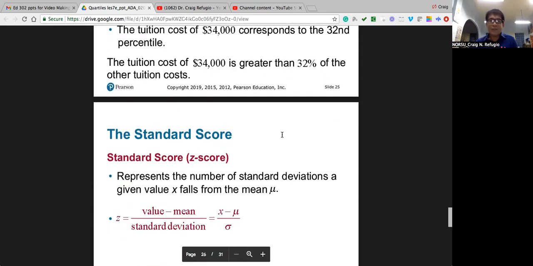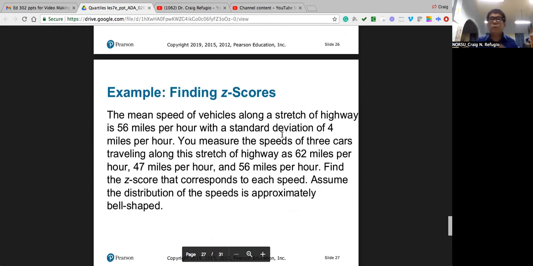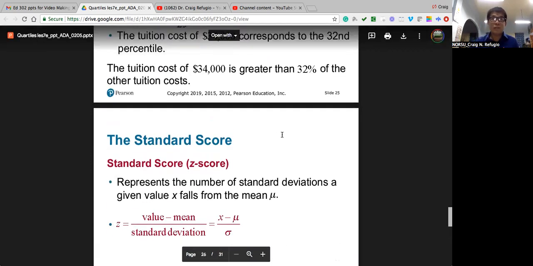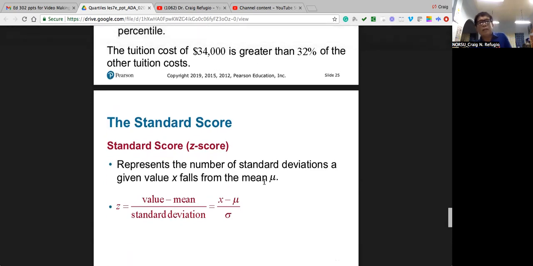So that's it. Then we go to finding the z-score. We have the standard score or the z-score. The standard score or the z-score represents the number of standard deviations a given value x falls from the mean, or mu.